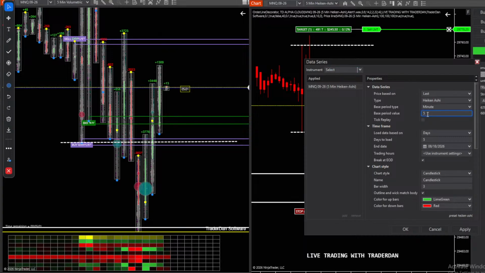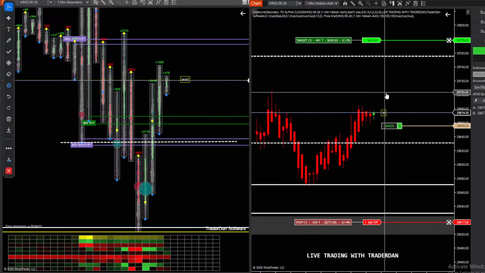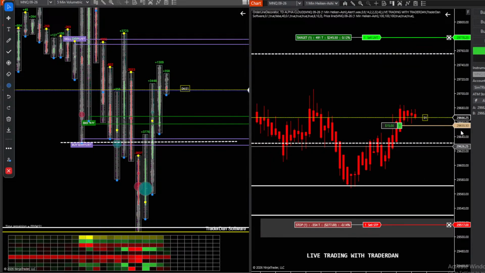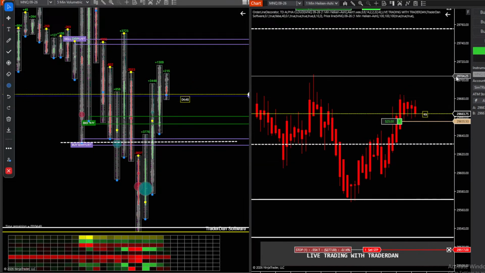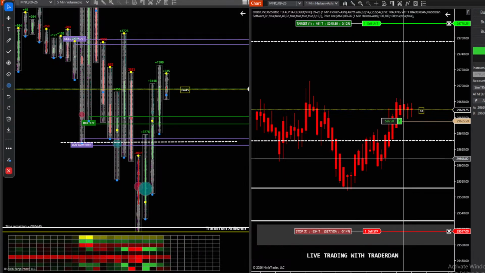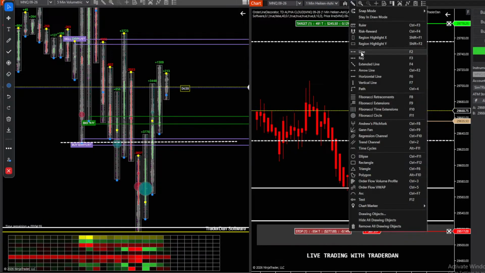I'm going to drop this down to a 1 minute. Let's see if we're seeing an inside setup. Yeah, some people are trading this as a bear flag, right?